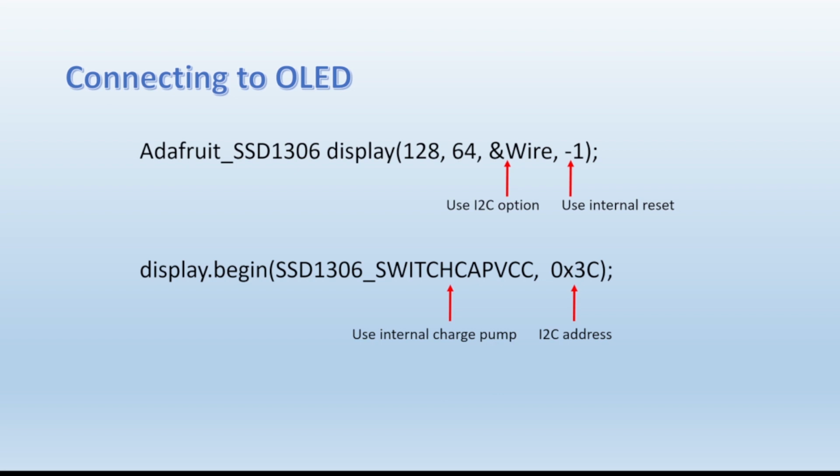The OLED module is being fed by 3.3 volts, but the OLED panel that's used in it requires a higher voltage, something like 7 volts if I recall, and therefore if you put in that parameter, you're telling the panel to use its own internal charge pump circuitry to bump up the 3.3 to 7 volts to supply the OLED panel itself.